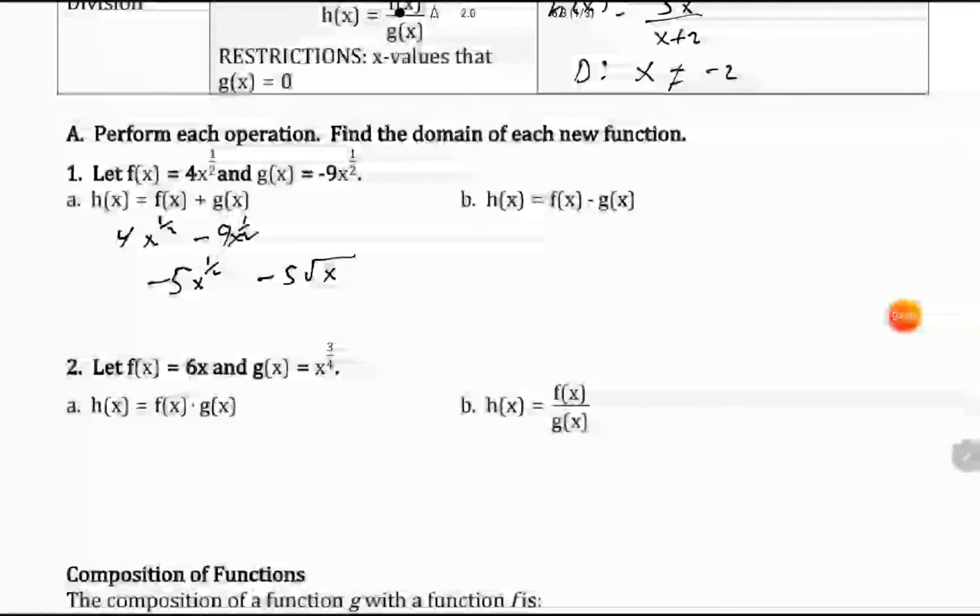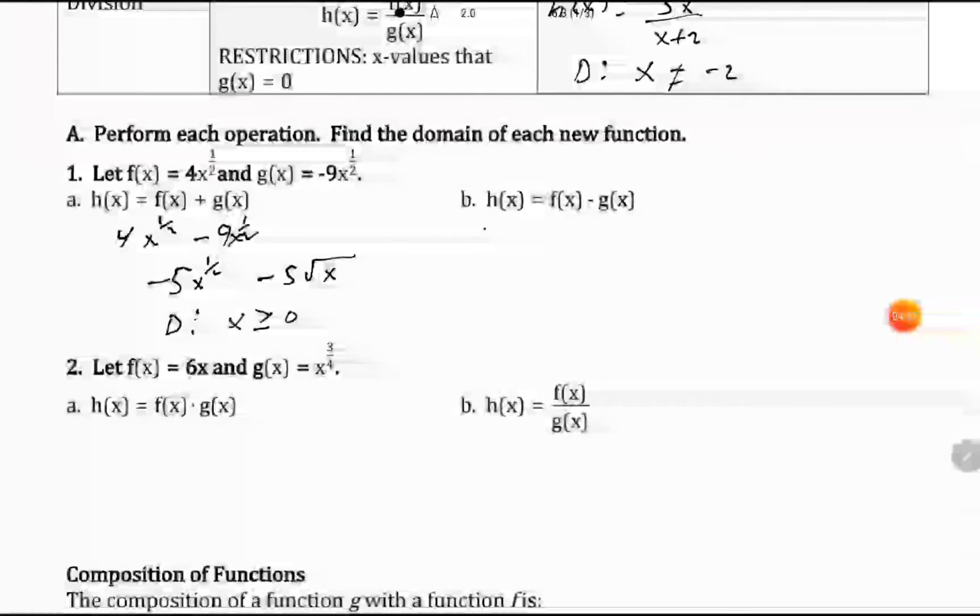What's our domain? X has to be bigger than or equal to 0. We do not want a negative. We don't like having a negative number in the radicand because that'll give us imaginary numbers. We just want real numbers that we can work with. Part B, subtraction.